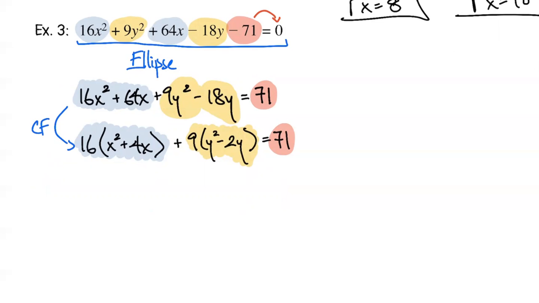And so the blue part, x squared plus 4x plus, what number would go here to make this a perfect square? 4. Yeah, it would be a 4. Okay.